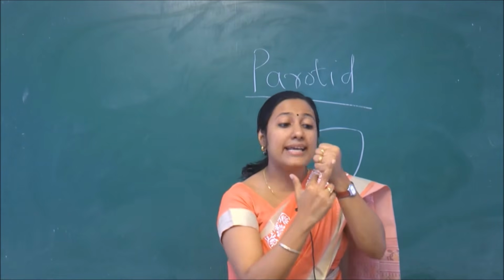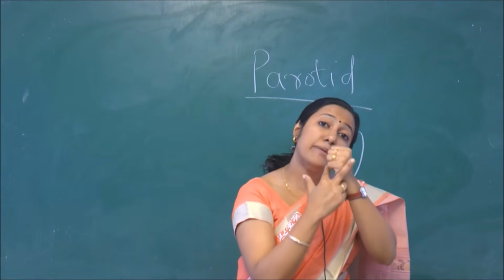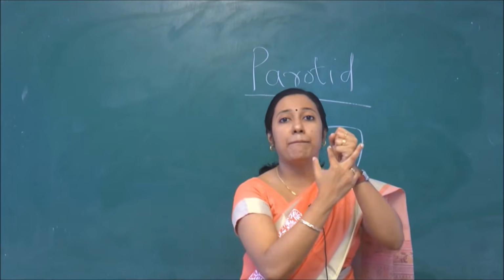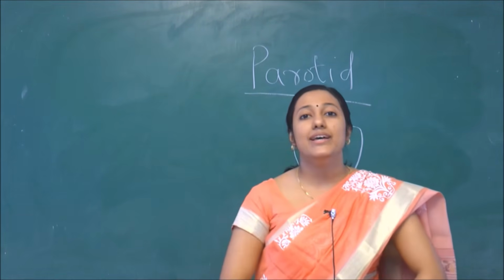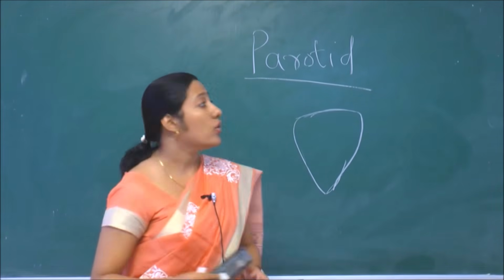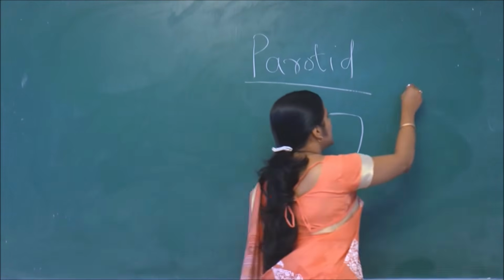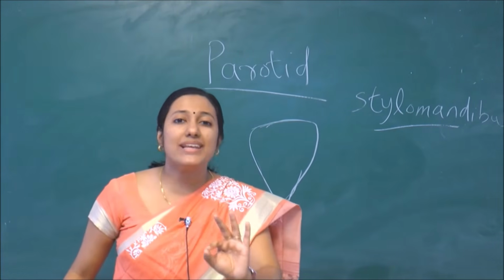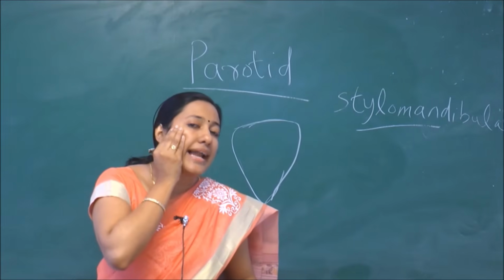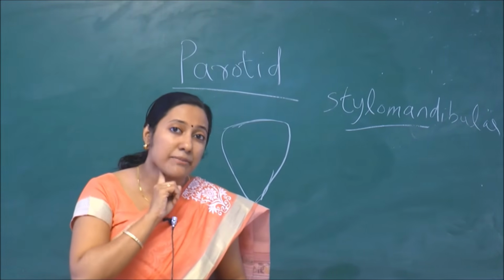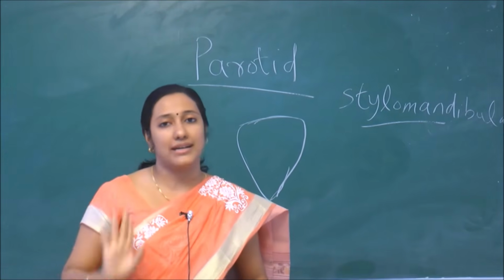The deep part will go to the deeper surface of the parotid gland, and this deep part will modify to form a ligament known as the stylomandibular ligament, which separates the parotid gland from another important gland situated here, the submandibular gland.